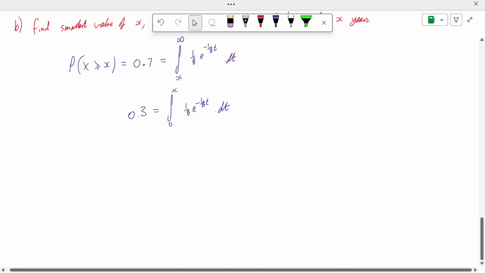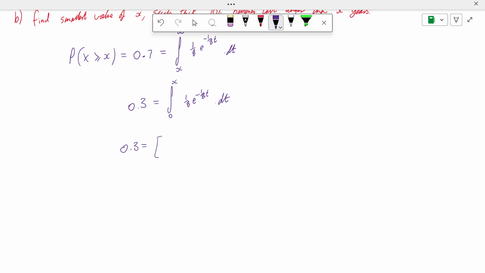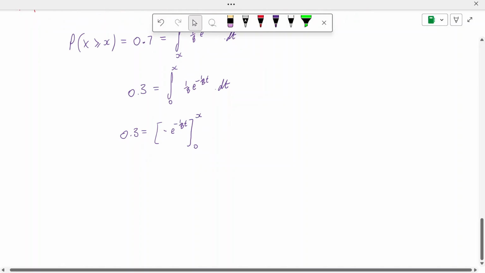So from here, I'm going to start integrating because I can definitely do that. I can see that 0.3 is going to be equal to, now I'm going to divide by my new power, so I'm going to have negative e to the negative 1 on 8t. And I care about that between 0 and x.